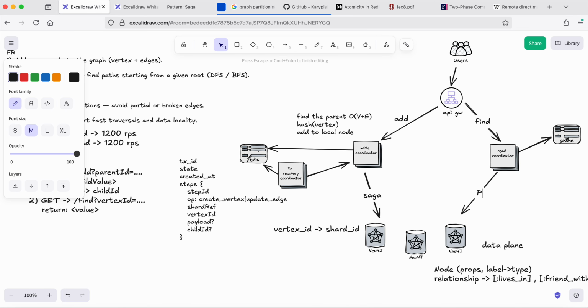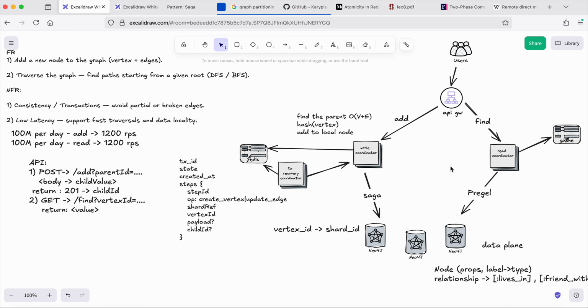Let me add Pregel here. The idea is probably really close to ORM solutions such as Hibernate for Java, or other similar technologies which help us do lazy loading of data.